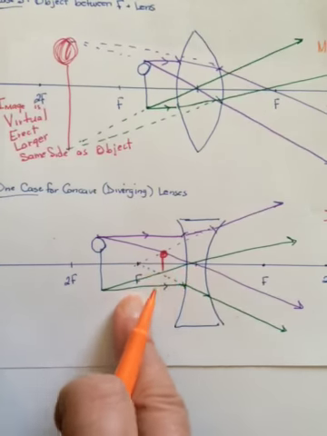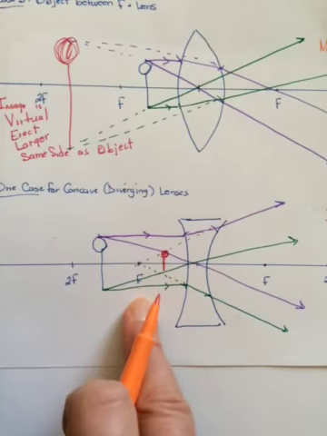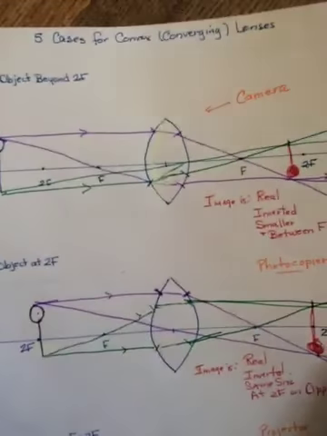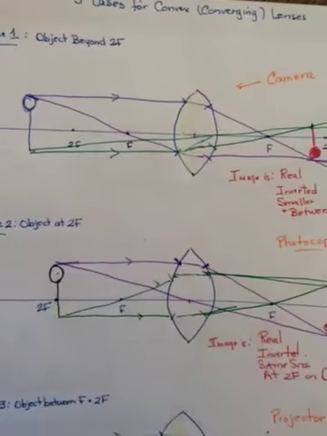And again, we'll talk about that when we do the eye. So not as concrete cases as these ones. All right, so there are our cases for our lenses with our pretty colors.